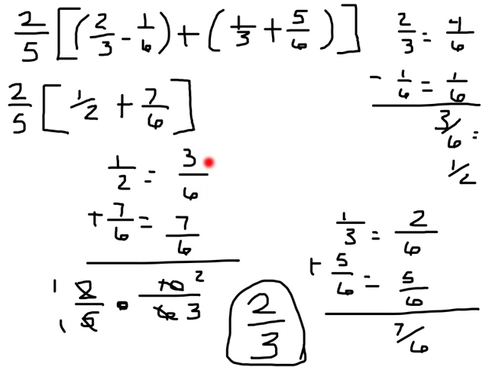This one becomes 3/6. 3 plus 7 is 10/6. Now I'm going to multiply 10/6 times 2/5, and when I do, I can cross cancel. This 10 becomes a 2, this 5 becomes a 1, this 2 becomes a 1, this 6 becomes a 3. 1/1 is just 1, so I'm left with 2/3.